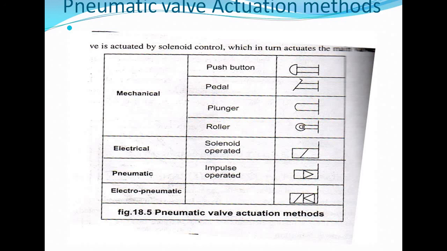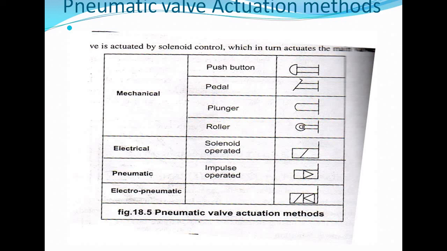Then the next method is electrical. Under electrical, a solenoid operated valve can be used, and the symbol is as you can see in this figure. Now the next way is by using pneumatic. We are providing an impulse of pneumatic signal here, so it is impulse operated, and the symbol is like this.